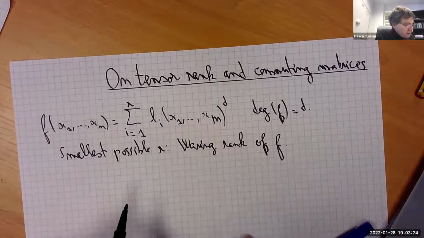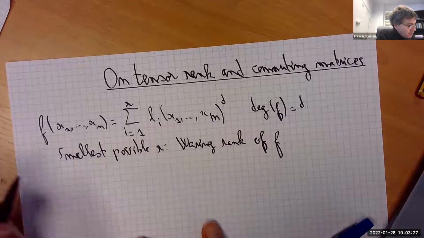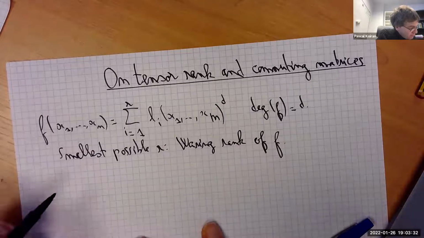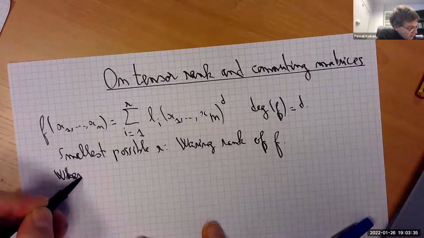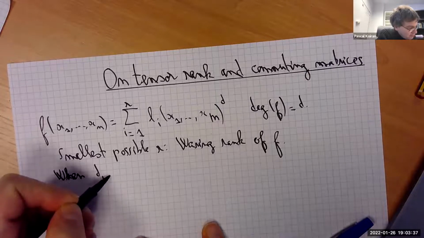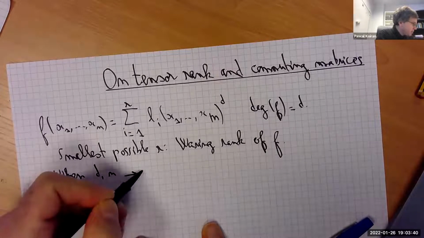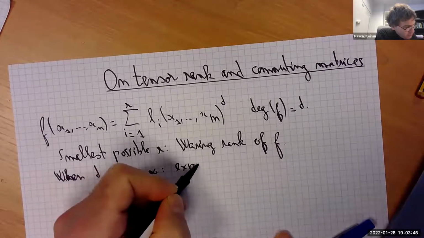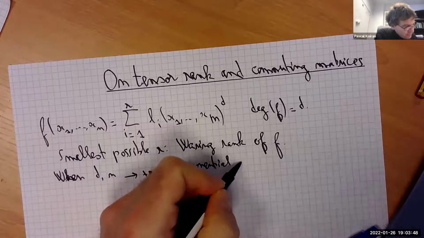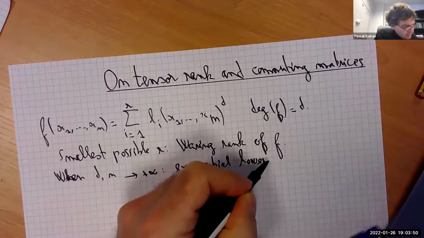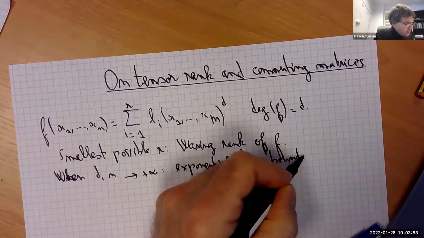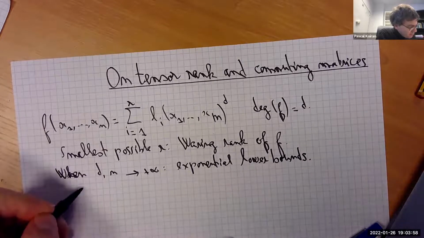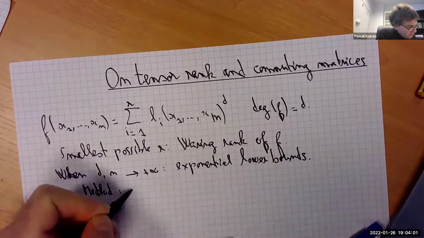All right, so for this model, we have nice lower bounds when the number of variables and the degree are allowed to go to infinity together. In fact, we have exponential lower bounds obtained by the method of partial derivatives.